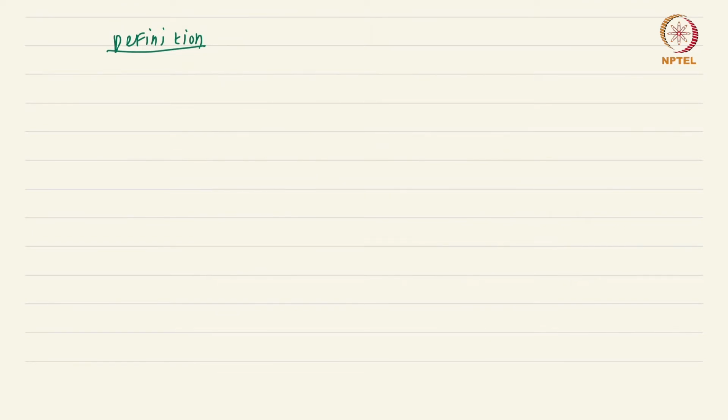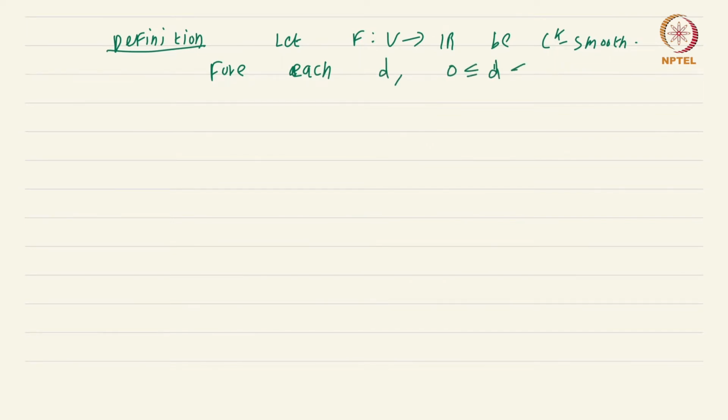The definition is of a Taylor polynomial. So let f from U to R be C^k smooth, and let d be such that 0 ≤ d ≤ k.